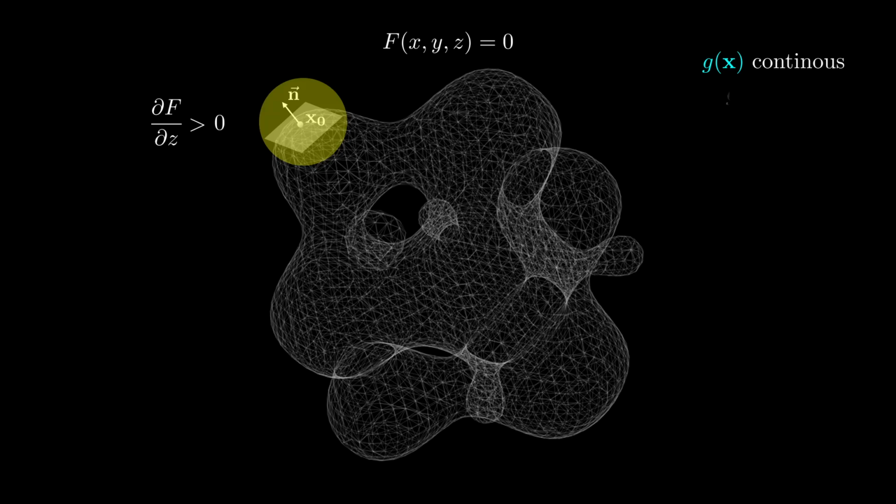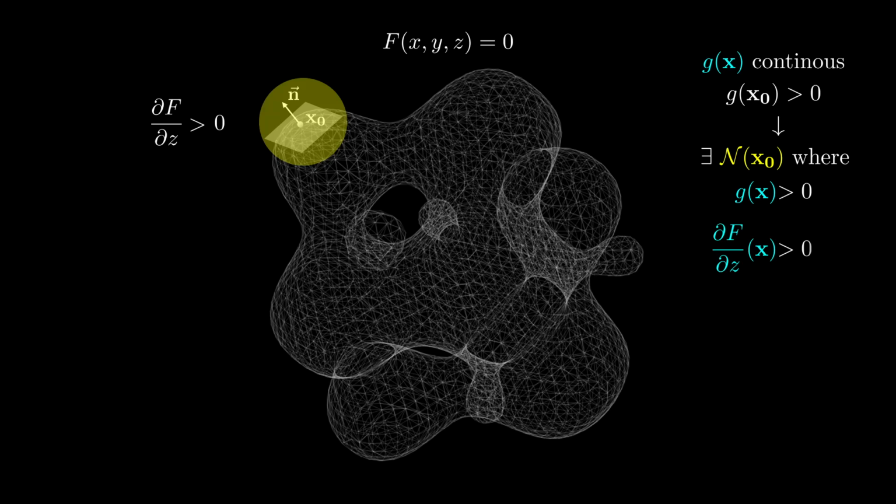And if in addition we found some point where g of x is positive, and we have this point right here, because remember this is the partial derivative, so what do we get? Well, the consequence is that there exists a certain neighborhood, this is the analog to the interval in the 2D case, where all the points of the function are also positive.